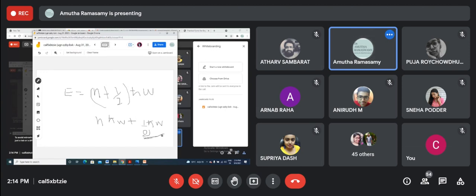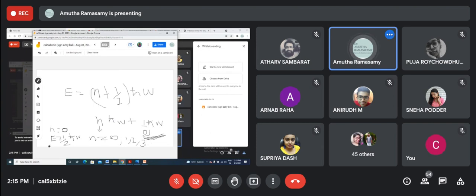This N takes the value N is equal to 0, 1, 2, 3, etc. So if you put 0, this goes to 0. When N is equal to 0, that is the first quantum number, the energy is equal to half of H cross omega. Correct?